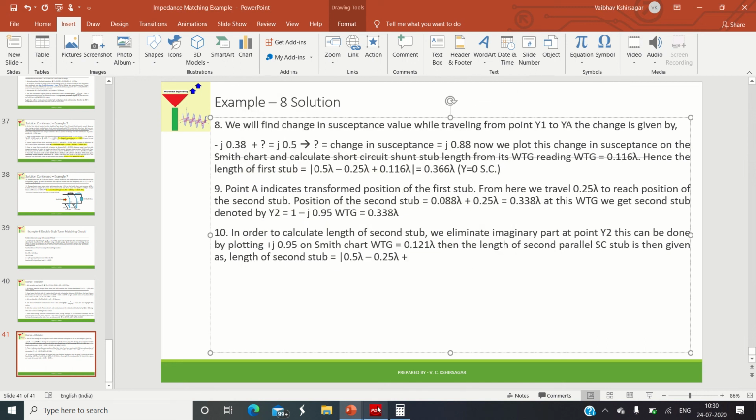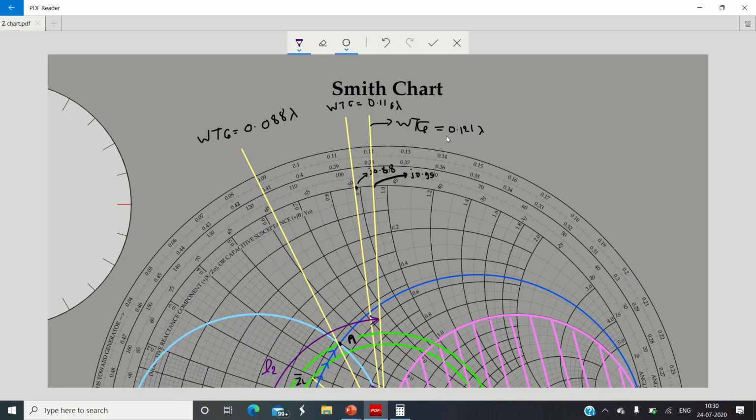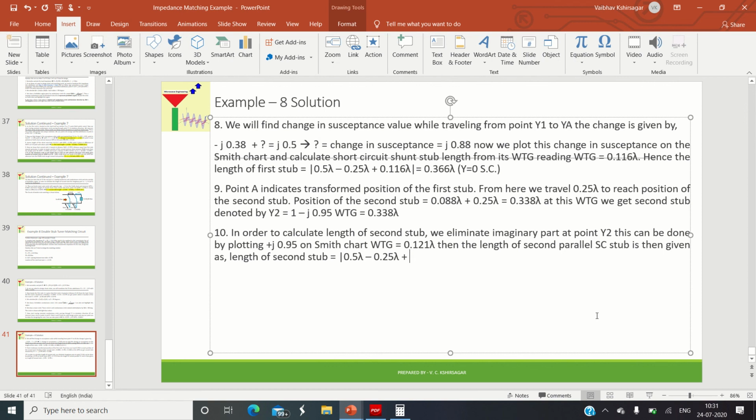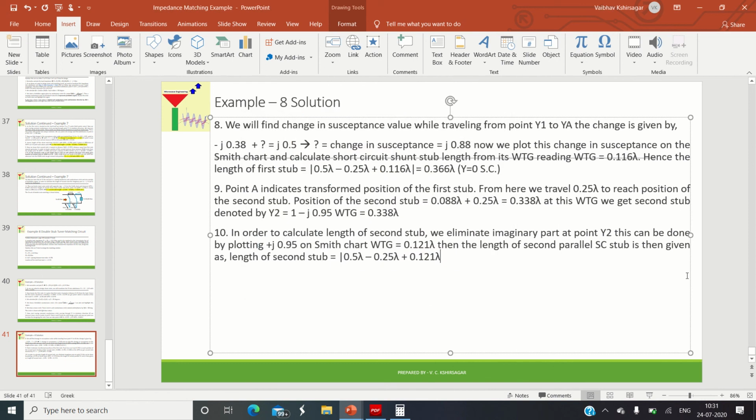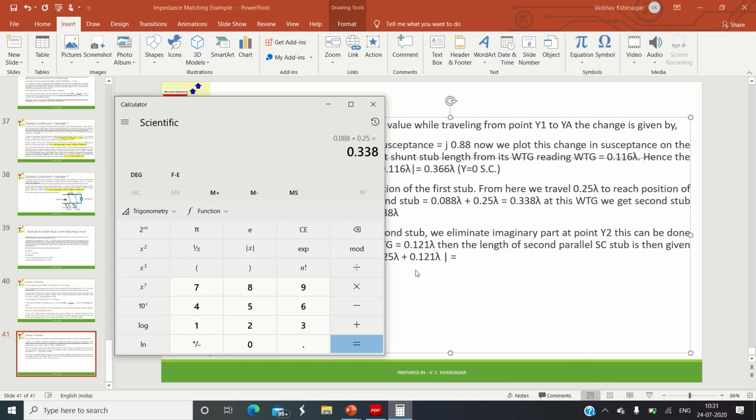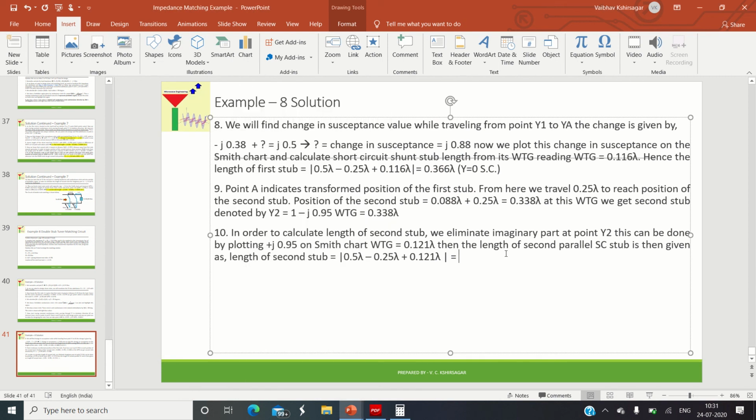And we need to add a distance of 0.121 lambda additionally, the way in which we did earlier. So what is the total distance then? This total distance comes out to be 0.25 plus 0.121. So this will give me 0.371 lambda. Okay.